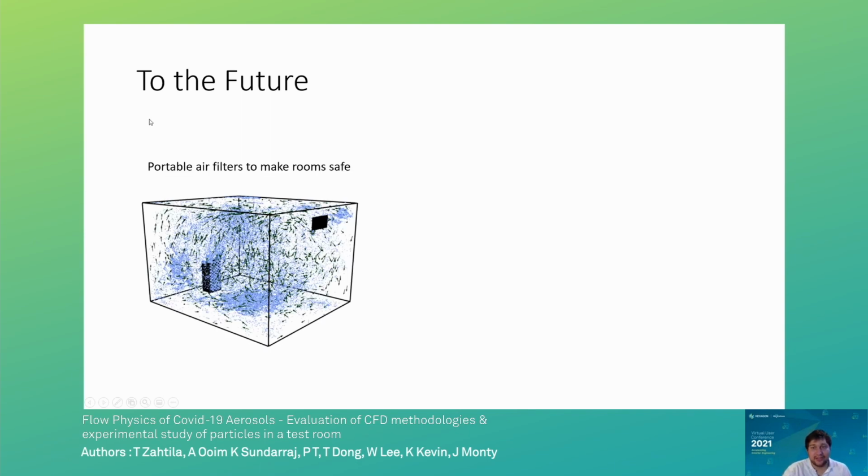So in the future, what we would like to look at is understanding the flow mechanics of why putting in these portable air filters might make rooms safer, why they may, and which parts of the room may actually counterintuitively be less safe and need special attention.